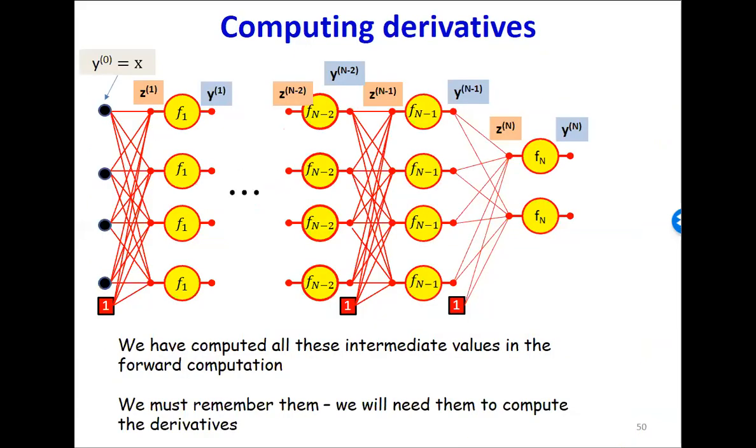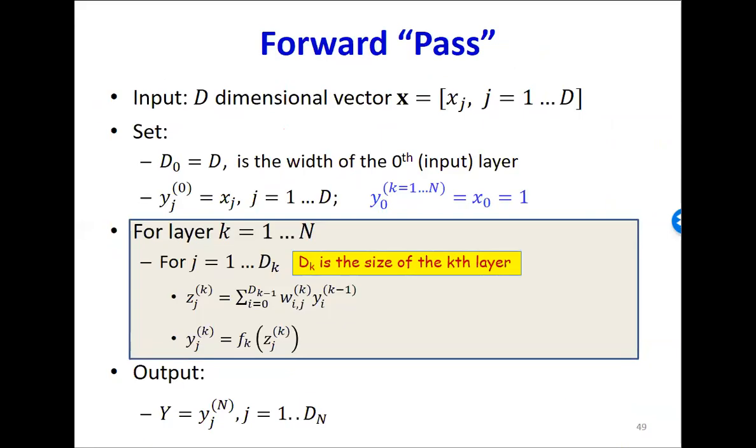So I have some pseudocode explaining the whole process. I'm not going to explain the pseudocode itself. There is pseudocode littered all over the slides, but here's the basic idea. You set the input, then you go through the layers. Within each layer, you go through all the neurons for the layer, compute the affine value for the neuron, and then finally compute the output of the activation for the neuron.